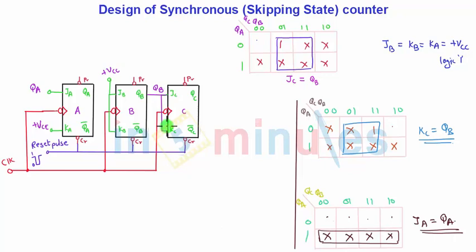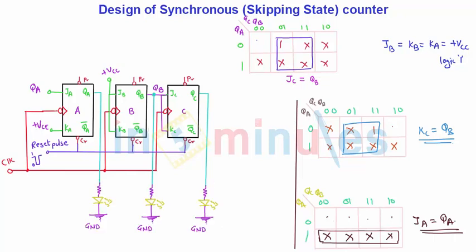And now there is a requirement of how you will see the output. To see the output, you need to take QA, you want QB, so I will take QB from here, and QC, that is nothing but the next state of our truth table, to which we will apply a resistor and a diode in series.